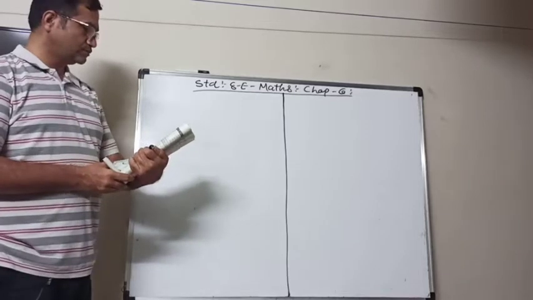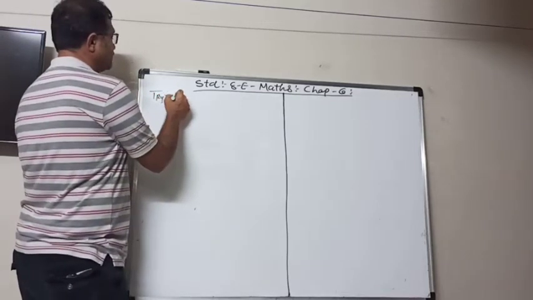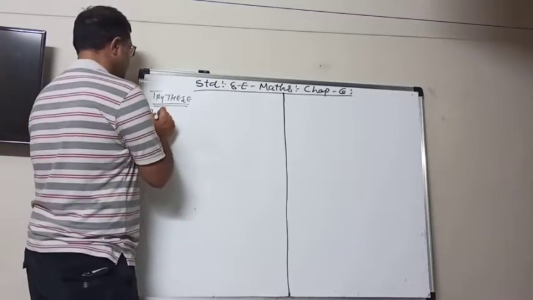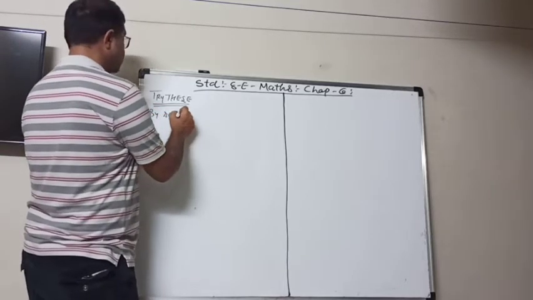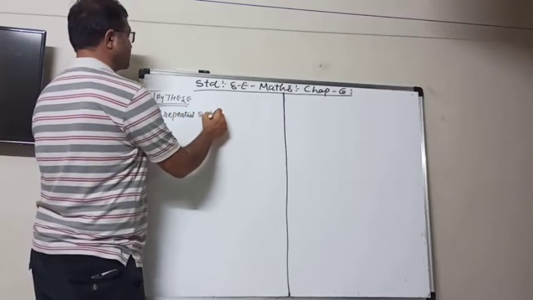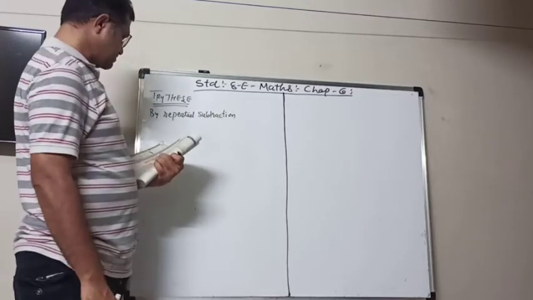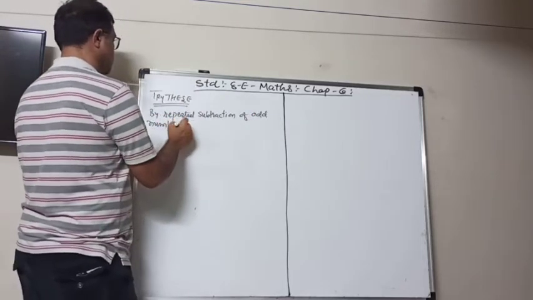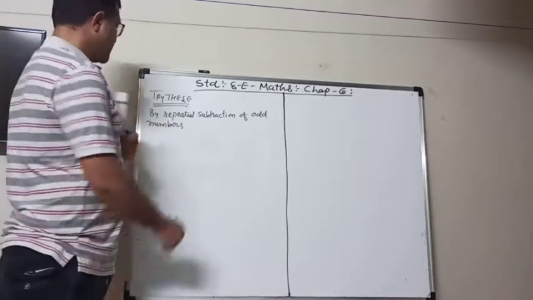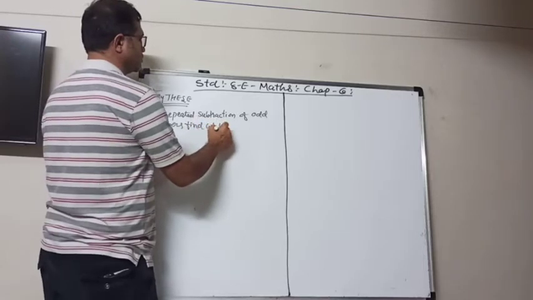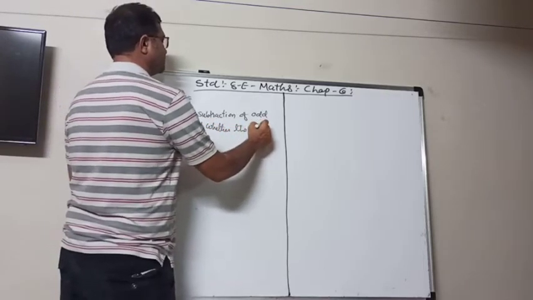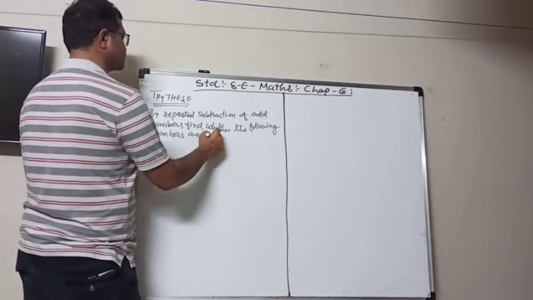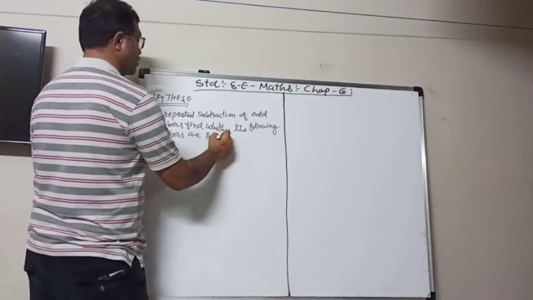Now we are going to do the "Try This", in which we have to check, by repeated subtraction of odd numbers, whether the following numbers are perfect squares or not.